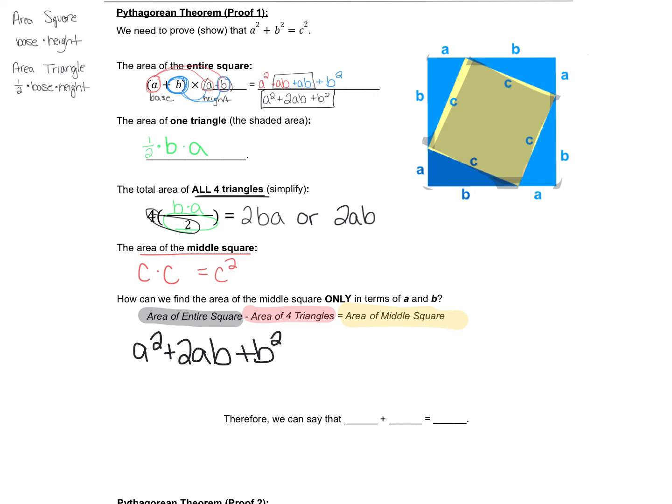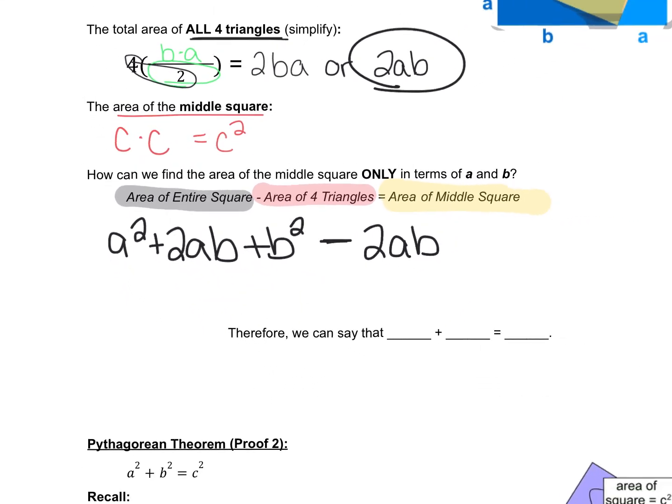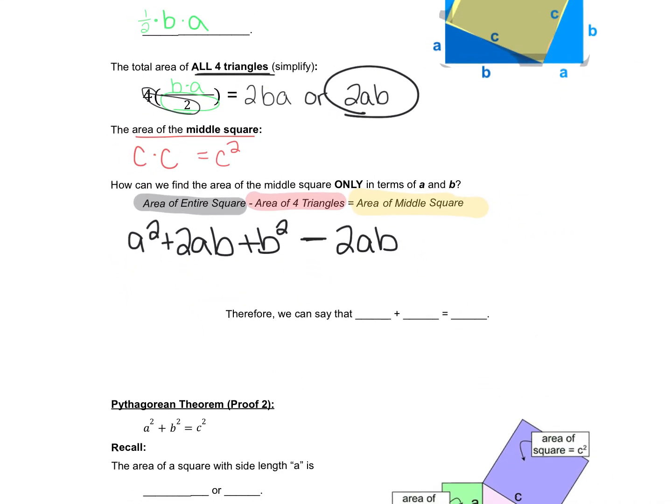And I'm going to subtract or take away the area of my 4 triangles. Well, I found out that that was 2AB, and that needs to equal my middle square. I know it was C squared, but remember we want to simplify this left side so that we can find what C squared equals in terms of A and B. So if I simplify my like terms, I have a positive 2AB and a negative 2AB.